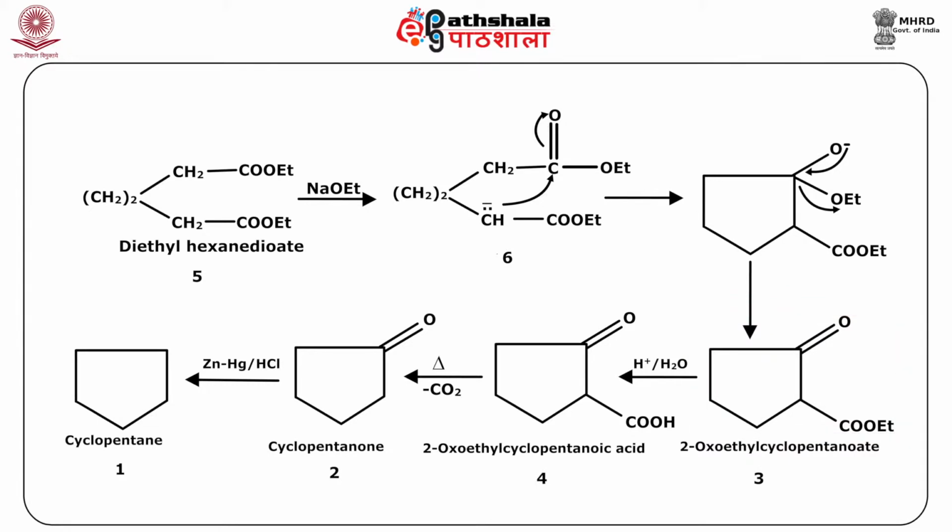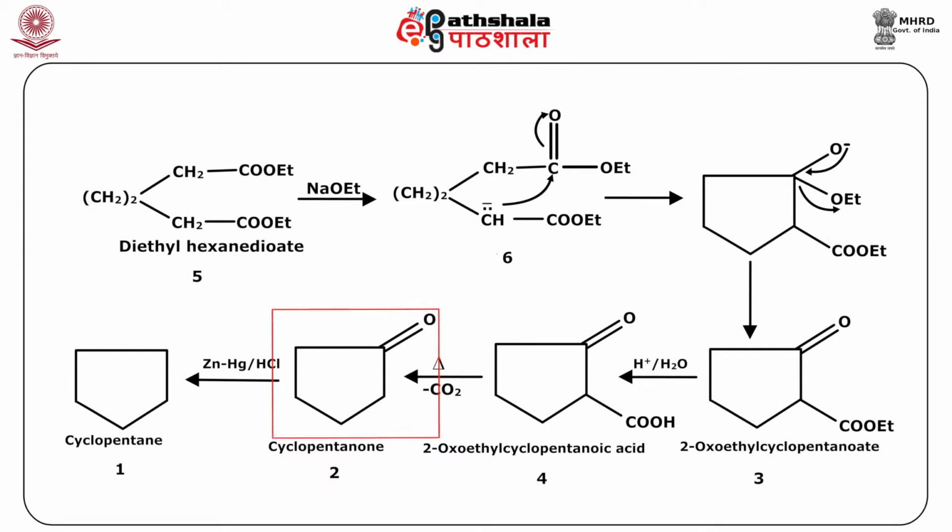In step 2, 2-oxo-ethyl cyclopentanoate, structure number 3, upon hydrolysis with an acid forms 2-oxo-cyclopentanoic acid, as shown by structure 4. Structure 4, which is 2-oxo-cyclopentanoic acid, on further heating undergoes decarboxylation and forms cyclopentanone.